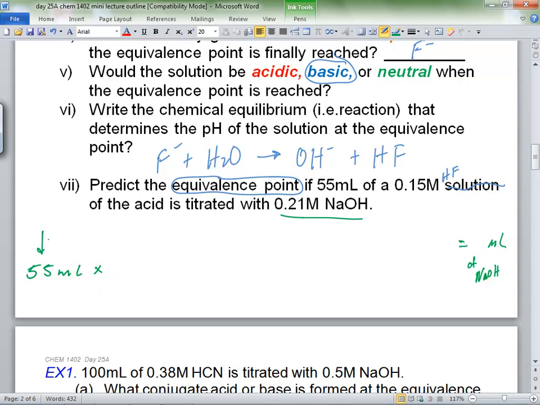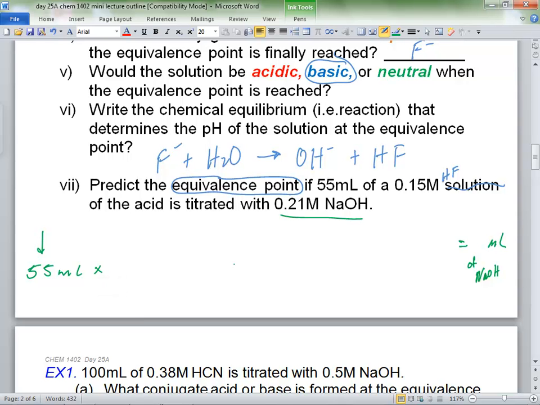I'm just saying here's another safe way to start. Liters over 0.21 moles of NaOH. Then it's got to convert the liters to milliliters and somehow get rid of this one. But I think it's easier just to start there. I see two ways to start, but always start this way because life is so much easier if you do it this way, I think.